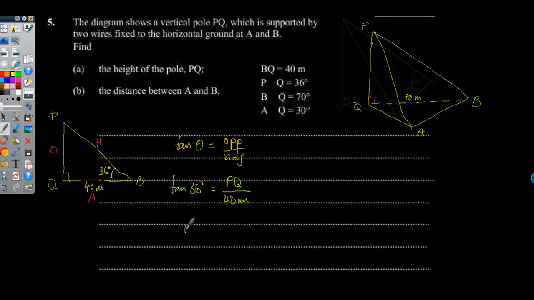And so, rearranging obtains me PQ is tan 36 degrees times 40 meters. That's the exact answer, and the approximate answer. You grab your calculator and you get 29.1 meters to 3 significant figures. Do write down to what accuracy you're giving your answer.